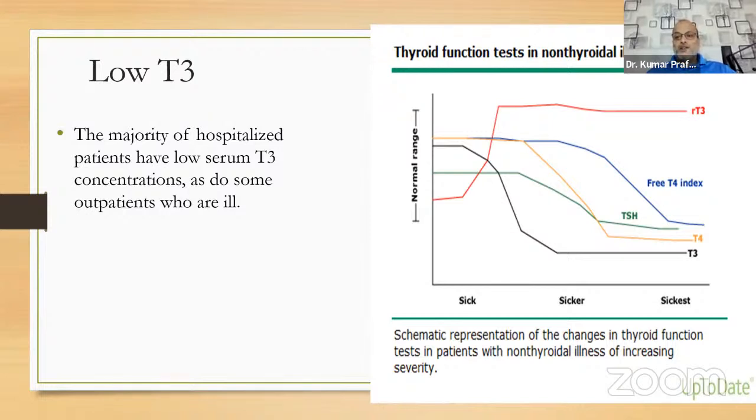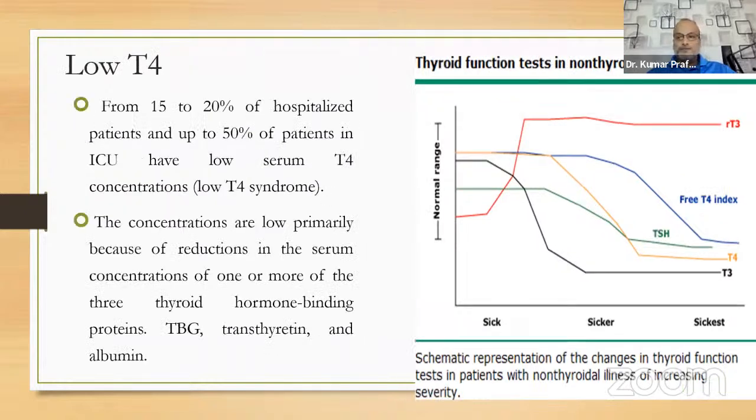When T4 gets converted, a certain part becomes T3, which is the active hormone, and a certain part gets converted into reverse T3, which is the inactive form. During non-thyroidal illness, the body tries to conserve energy, and that's why the amount of T4 converted to T3 is decreased and reverse T3 is increased.